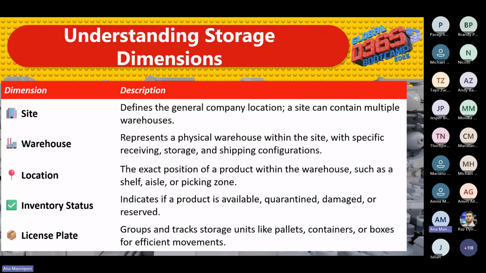It's real. Okay. The inventory status indicates if the product is available, or in quarantine, or damaged, or received. And this is one of my favorite dimensions because it controls the inventory flows, ensuring there are only usable products included in a sales order or in transfer and outbound processes.